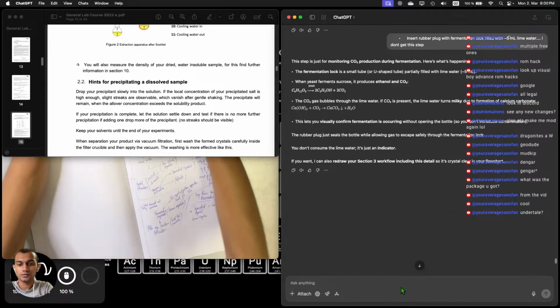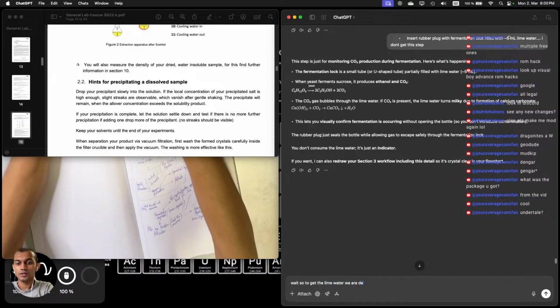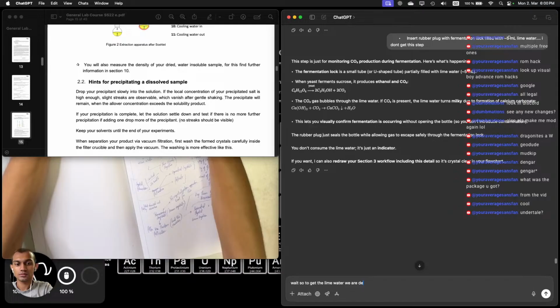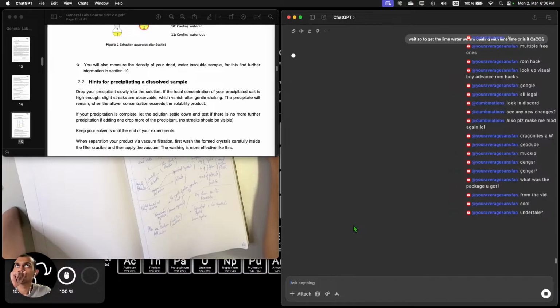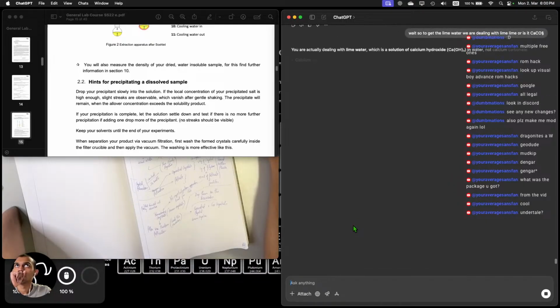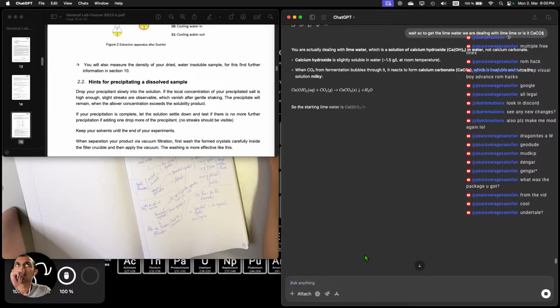Wait. So to get the lime water, are we dealing with lime, or is it CaCO3? Calcium hydroxide.